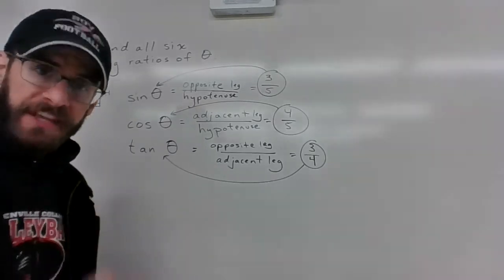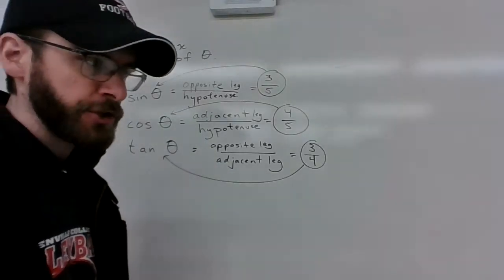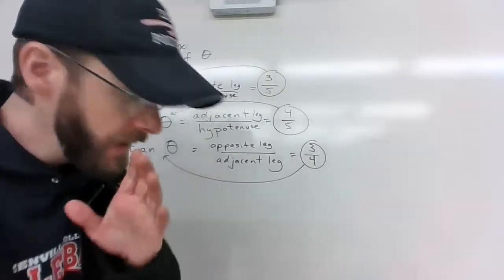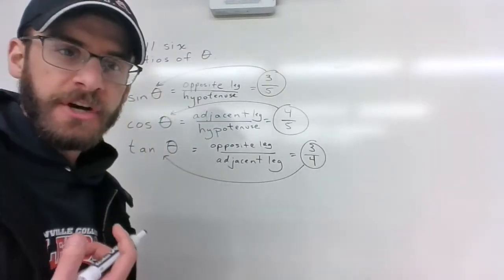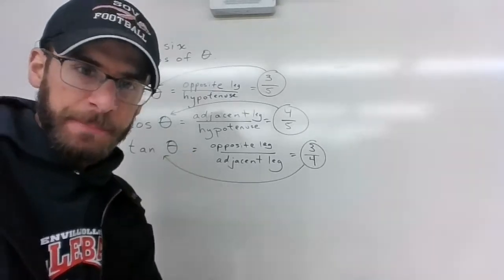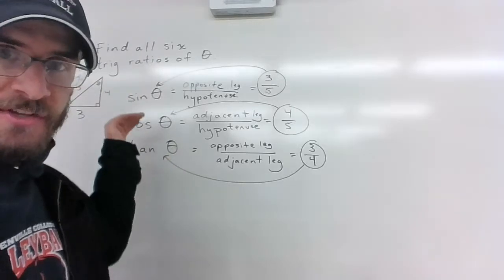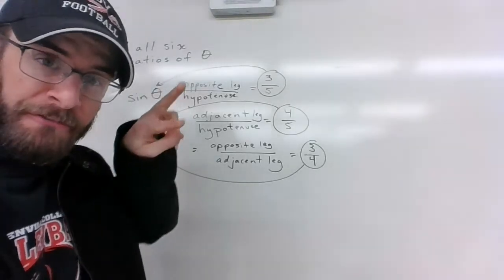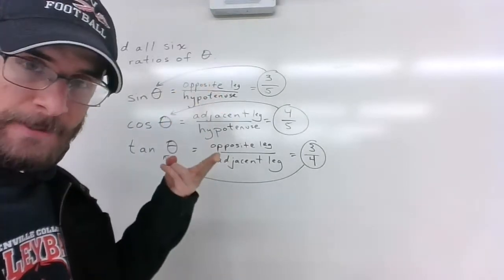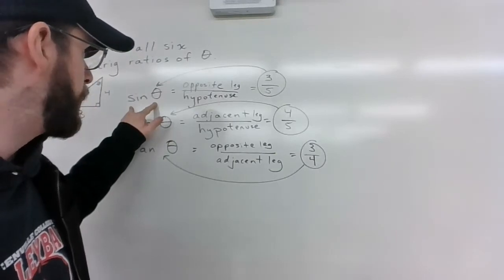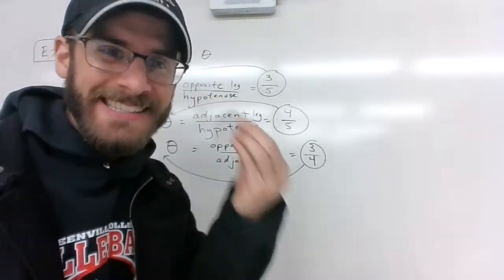Now, these are the three basic trigs that we find most use of, but when we get to upper level maths, like pre-calculus, we start to work with 3 other trig ratios, which are actually called the reciprocal identities to these 3 that you see here. What I mean by reciprocal is that their fractions are flipped. So sine has a reciprocal ratio called cosecant.